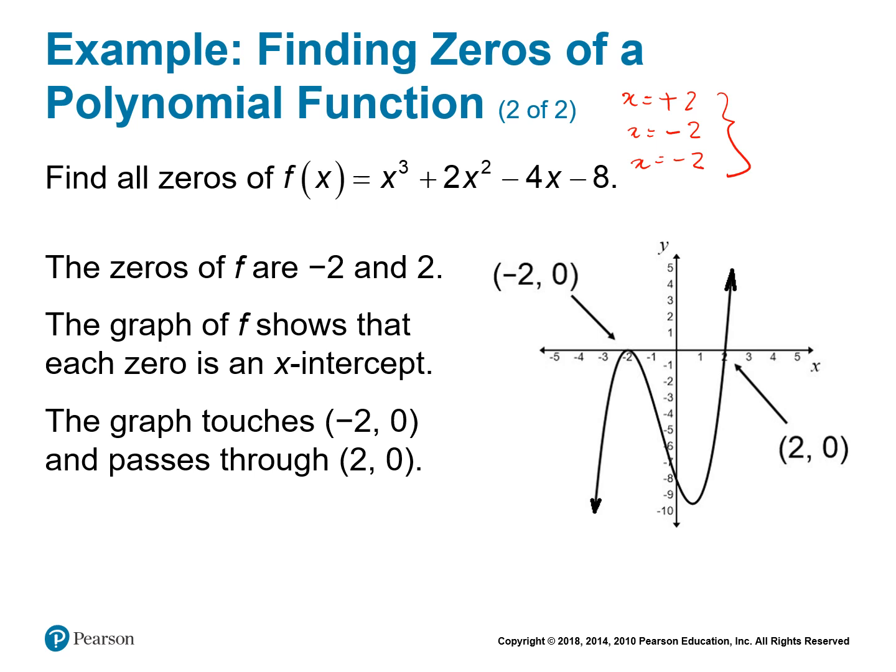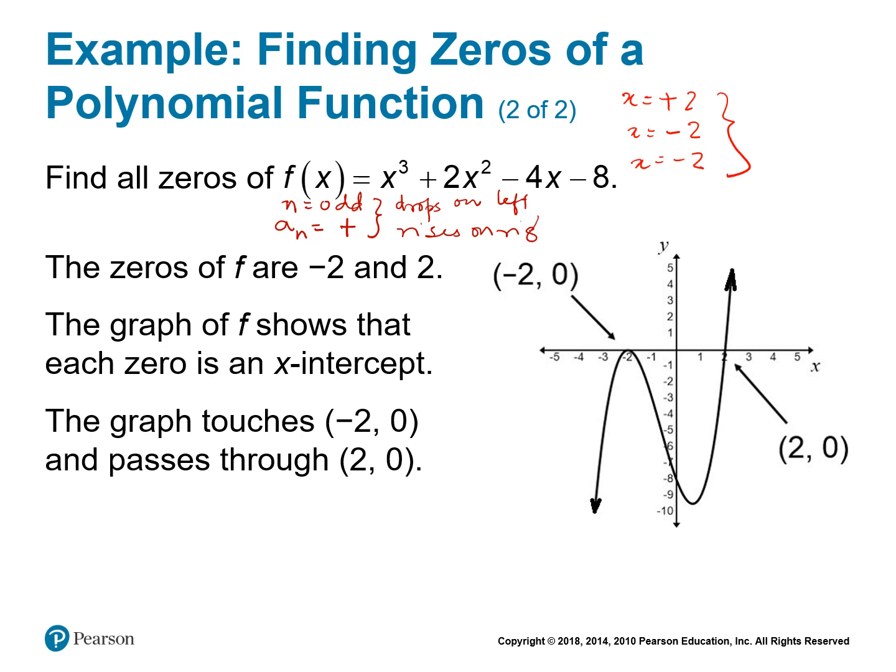So n here is odd, which is a 3, and a sub n, the coefficient, is positive. And when that happens, the graph falls, drops on the left and rises on the right.